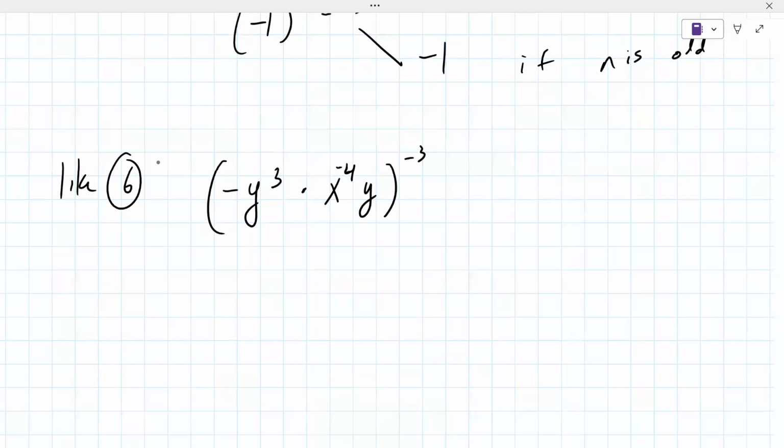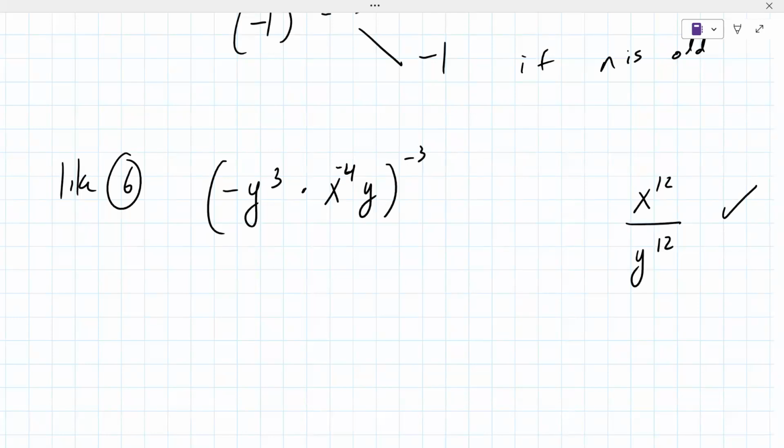I have x to the 12th power over y to the 12th power. Okay, like that. Yes. Very good. That is correct. Okay.